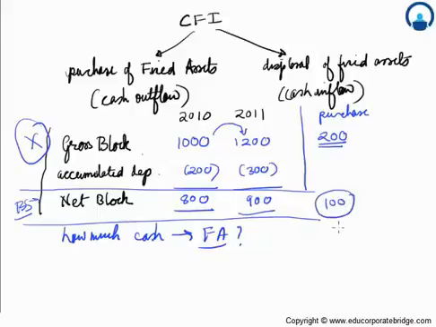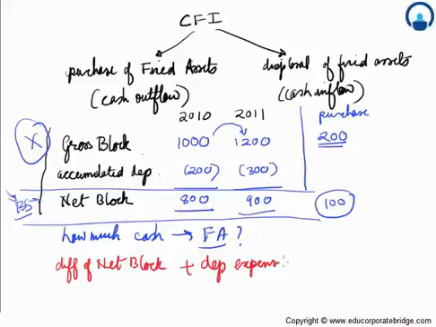And many students we have seen apply just the difference between the two and incorrectly calculate the cash outflow because of fixed asset purchase. So how much cash is deployed in the fixed asset can be found using this shortcut. If you're just provided with the balance sheet net block item, simply apply this formula: difference of net block plus your depreciation expense of the particular year you are talking about.